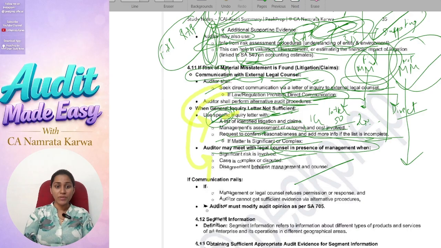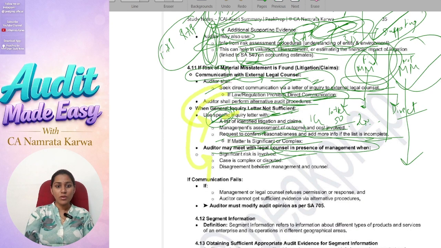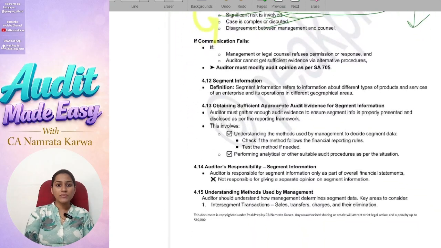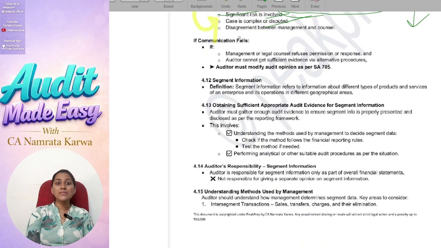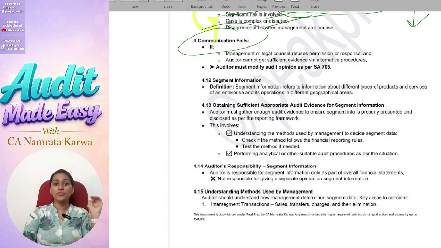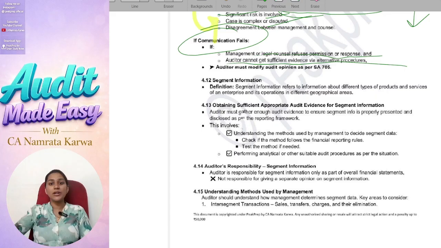Fair enough. Then, if the communication with external legal counsel fails, management or legal counsel refuses permission or response, and the auditor cannot get sufficient evidence via alternate procedures.